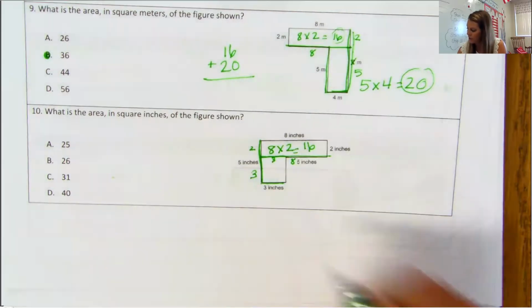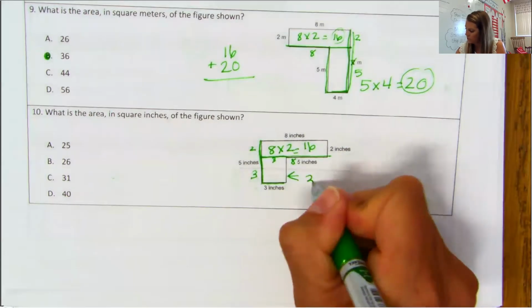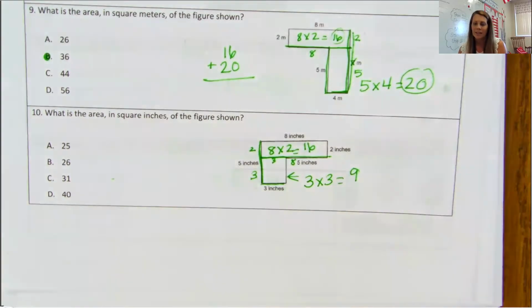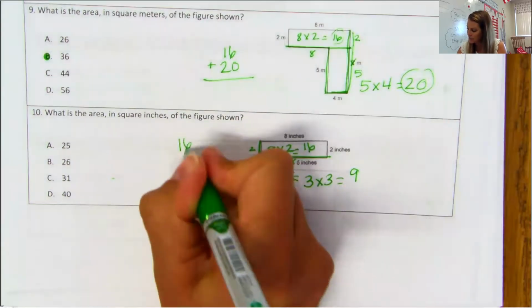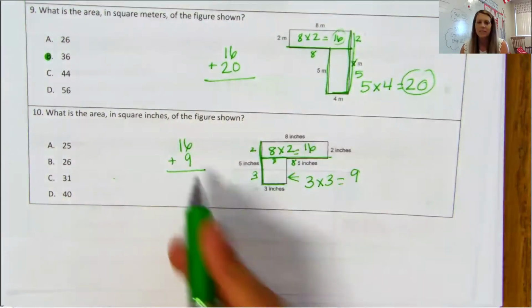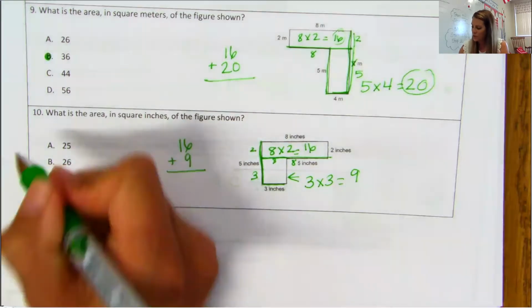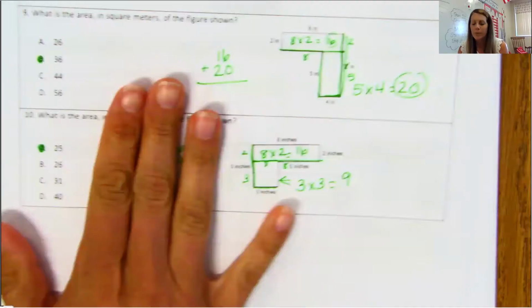So then how are we going to figure out the area for this square? 3 times 3 equals what? 9. So then what's our last step? You should be adding 16 plus 9. And when you add 16 plus 9, what do you get? 25.